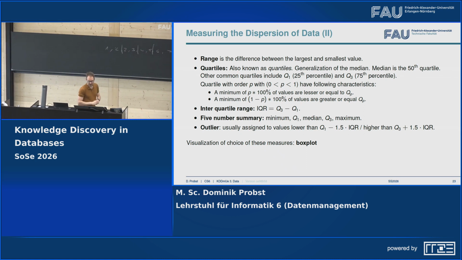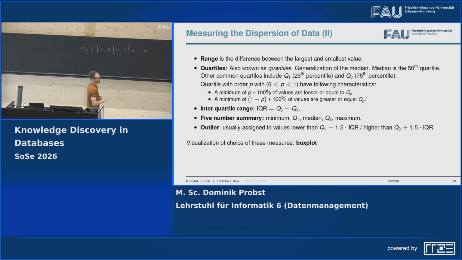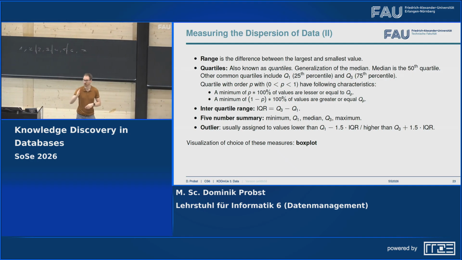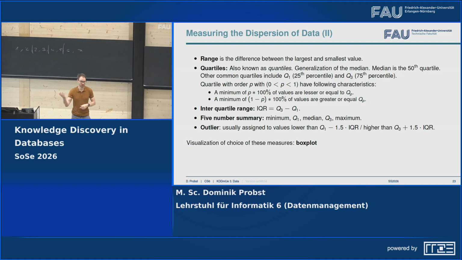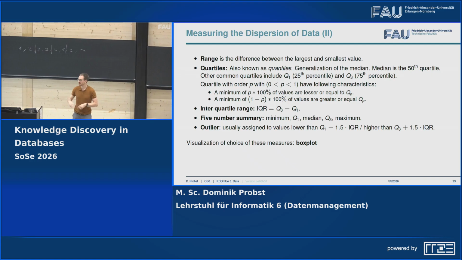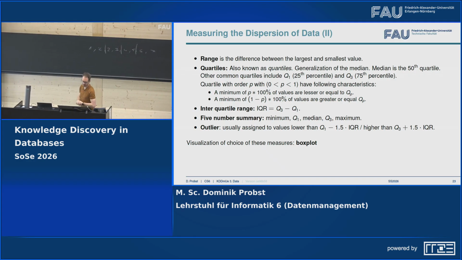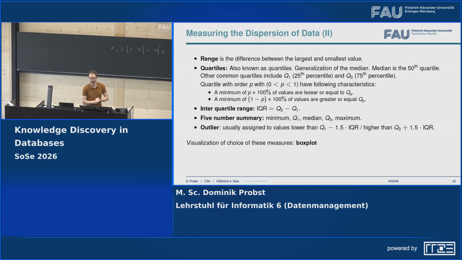Most often outliers are defined as 1.5 or 2.5 times the interquartile range above or below the first and third quartile. We will see how that looks in a second once we take a look at the box plot for the first time.